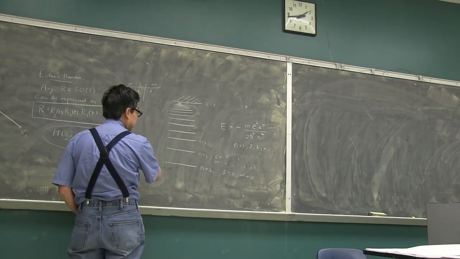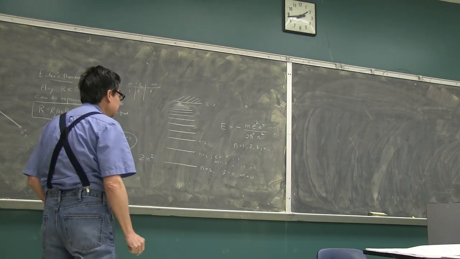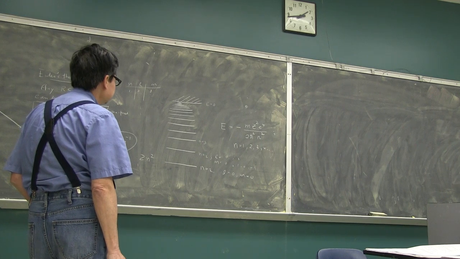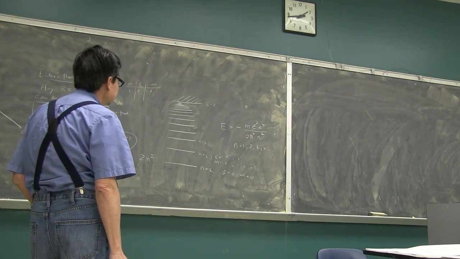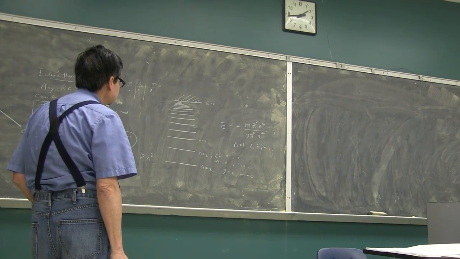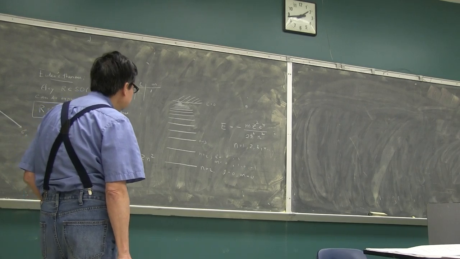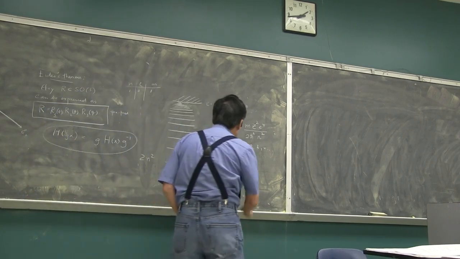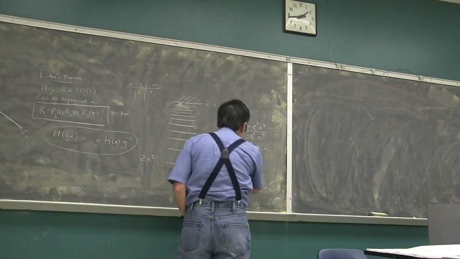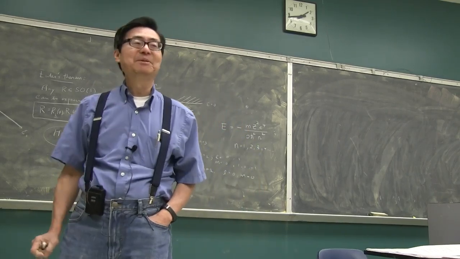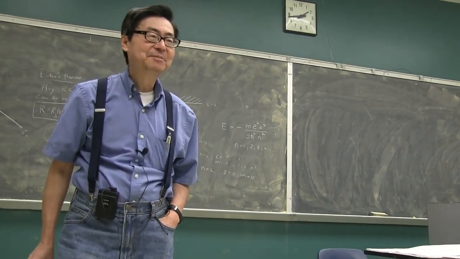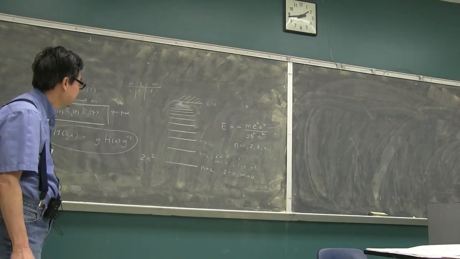So how many states are there altogether? 1, 2, 3, 4. 4 states, okay? But then always times that by 2 because there's spin.